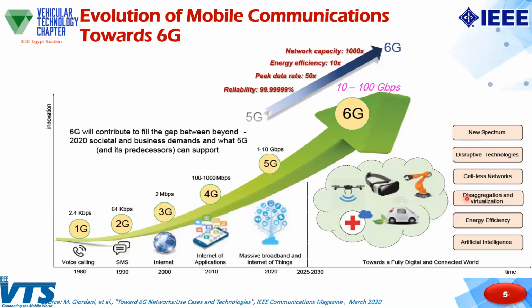Also, we can talk about virtual reality and augmented reality as one of the main aspects of the huge amount of services. Also, we can talk about the energy efficiency solutions and needs, as well as the artificial intelligence that will accommodate all of these features in order to improve the energy utilization as well as the network capacity.